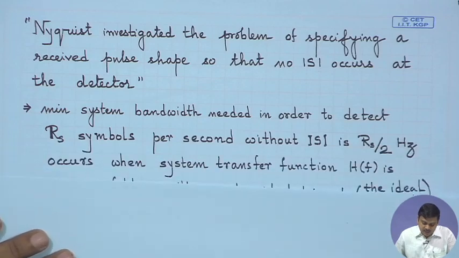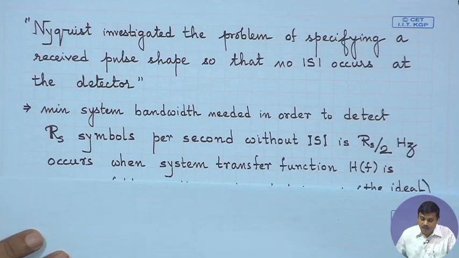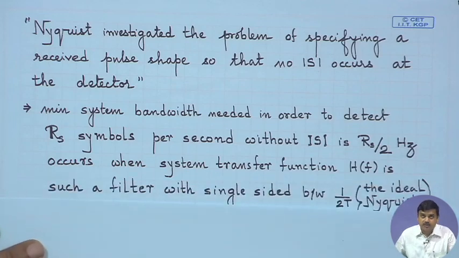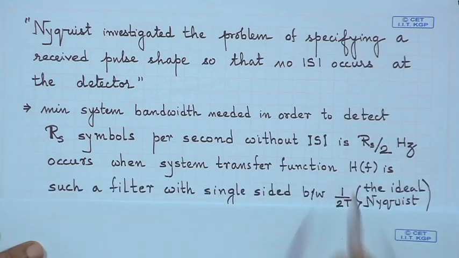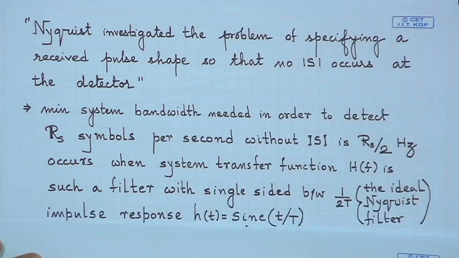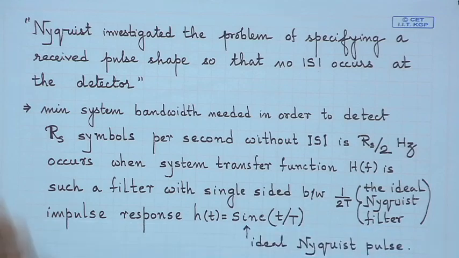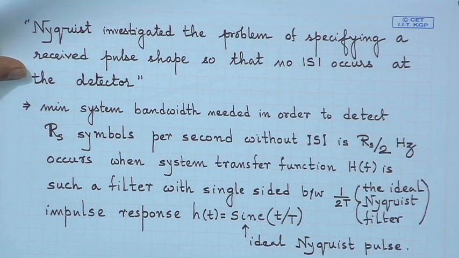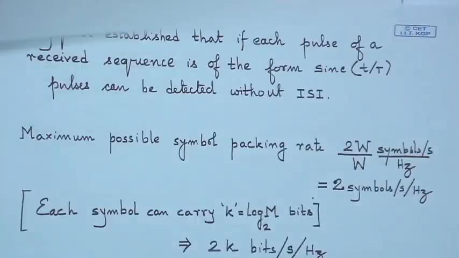He said that the minimum system bandwidth needed in order to detect Rs symbols per second without ISI is Rs/2 hertz, and occurs when the system transfer function, we have changed the notation a bit, H(f) is such a filter with single sided bandwidth 1/2T. We have described this, and the impulse response h(t), while these are known as the ideal Nyquist filter and the ideal Nyquist response.